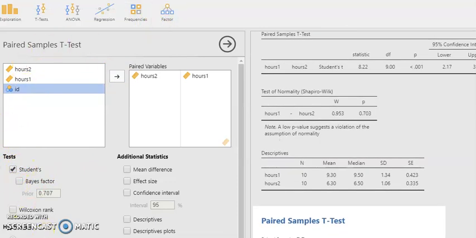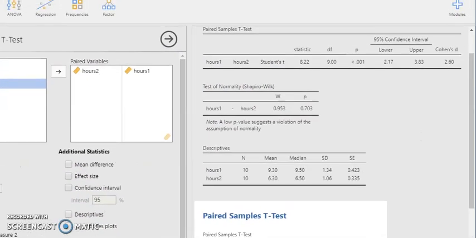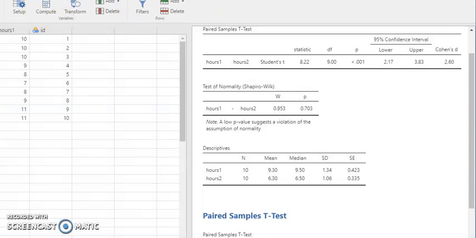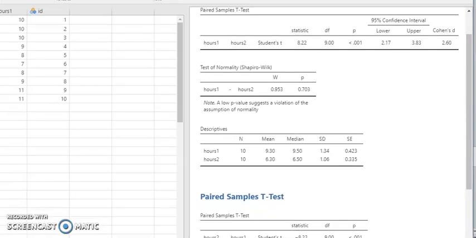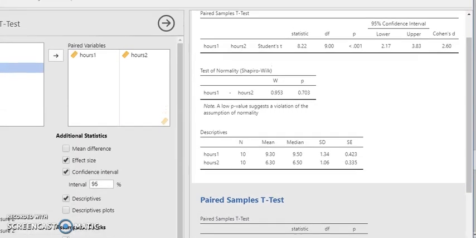And sorry to be moving things around on you, but this is where you select your hypotheses. Again, I would want confidence intervals, I would want effect size, I would want descriptives. I could also do the normality. All right, so then you would see you've got output, and so this is what your output looks like. So again, it's comparing, oops, I'm going to go here.